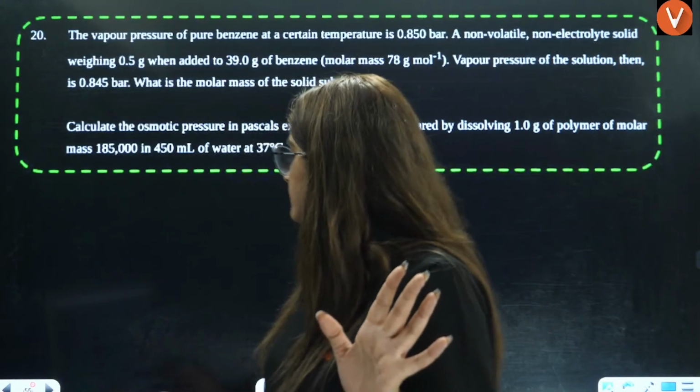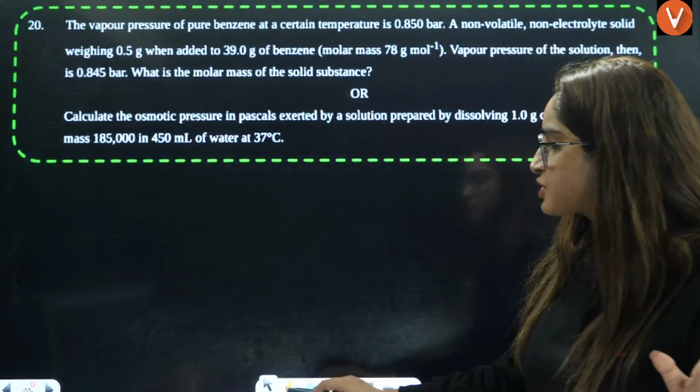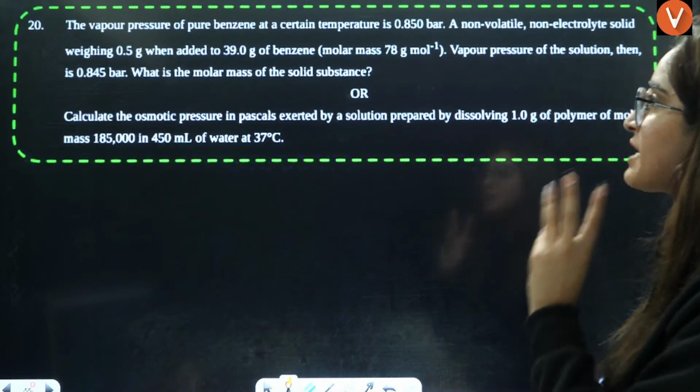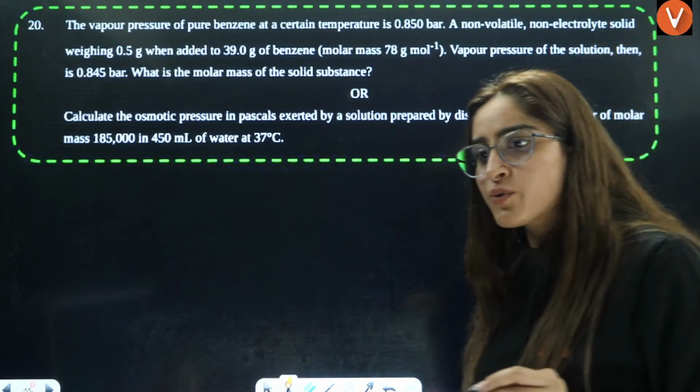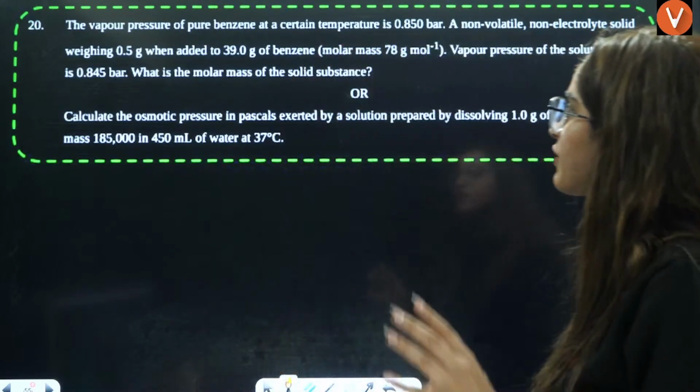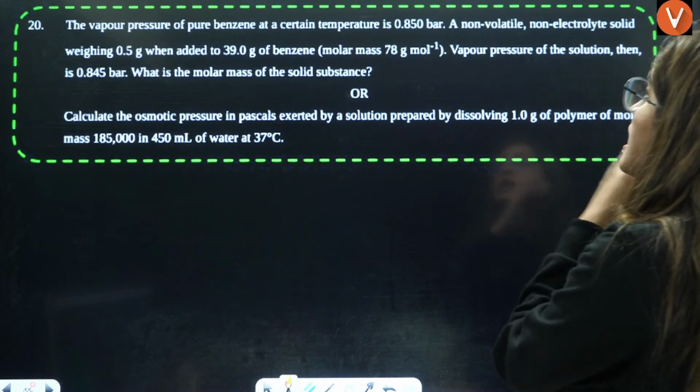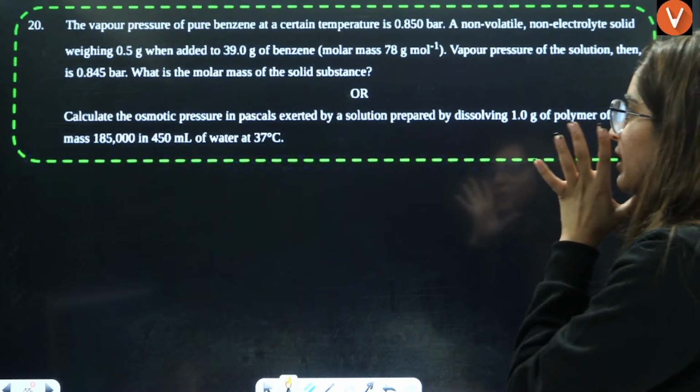Okay students, next question. The vapor pressure of pure benzene at a certain temperature is given to you.